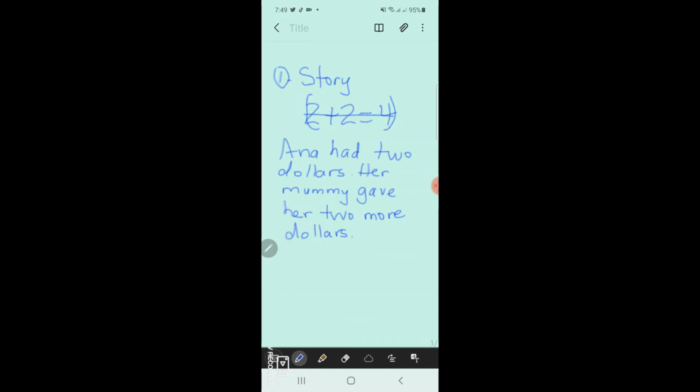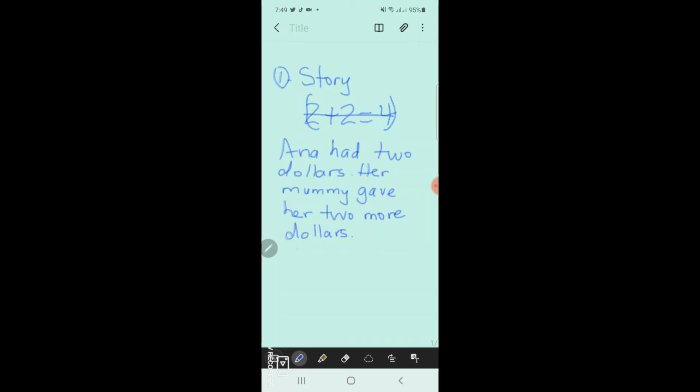So now with the story, it becomes exciting when you have a problem, right? So now we have a question. So there is going to be a problem via the question. The natural question will be, how much money does Anna now have? Now that's a problem that is stated in a question, right?